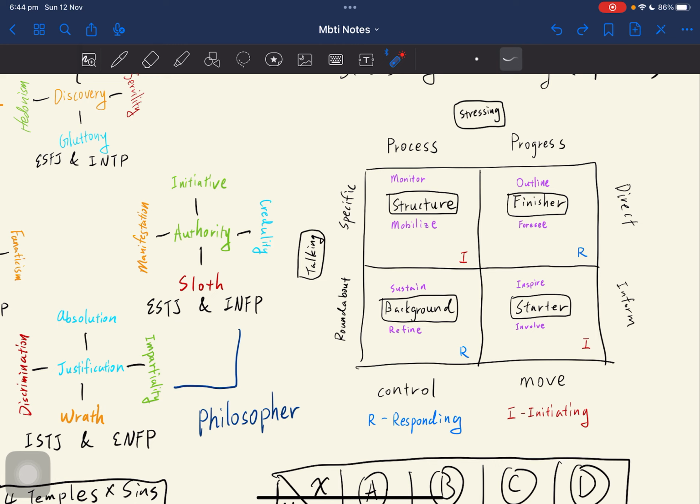And also, initiating is usually the extrovert and responding is usually the introvert. So if you can clearly see they are introvert or extrovert, then it could be an indication they are initiating or responding. But you have to be aware of the cognitive transition, right?